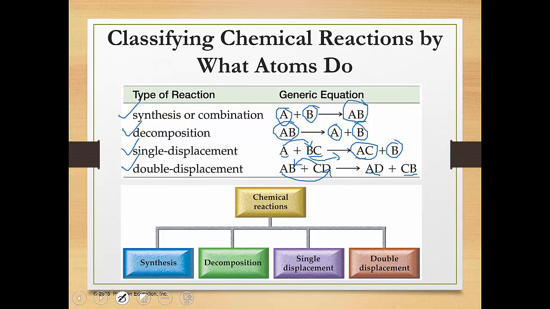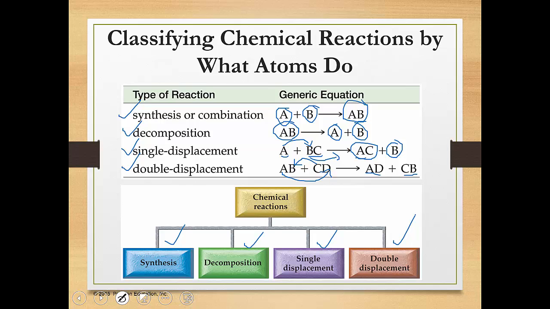So here's four broad categories of reactions that we have. And then those reactions we looked at, the combustion, the gas evolving, the acid base, can all fall under one or more of these generic types of reactions.